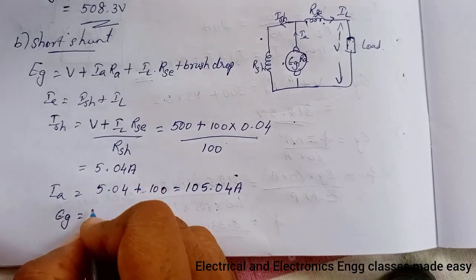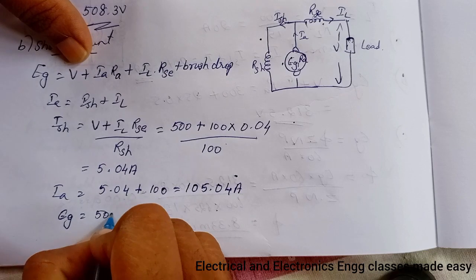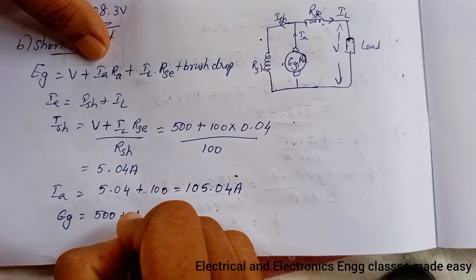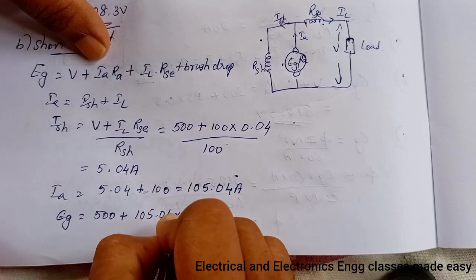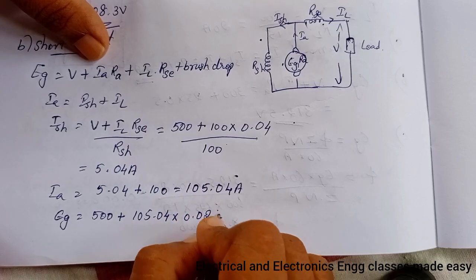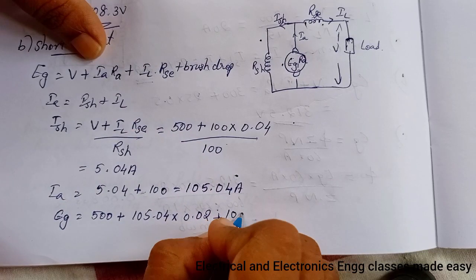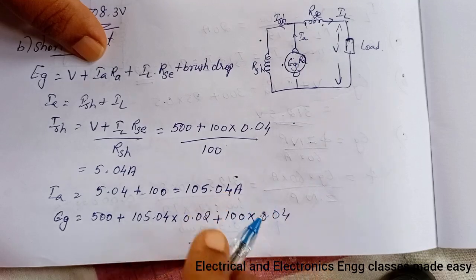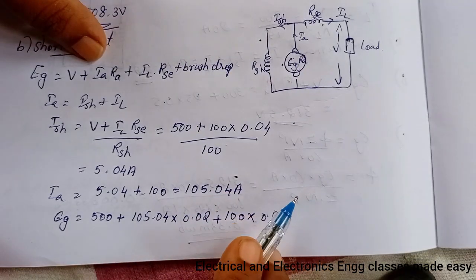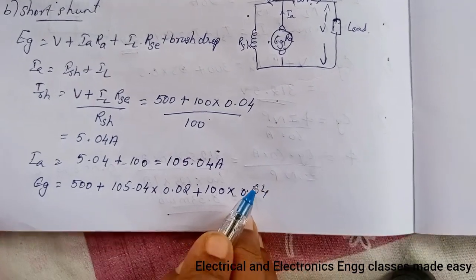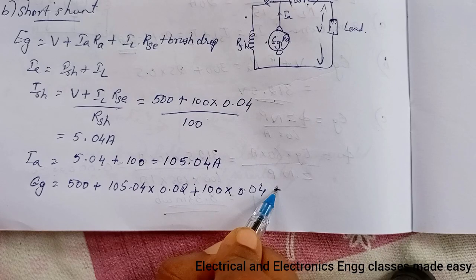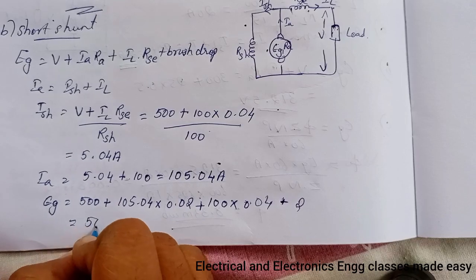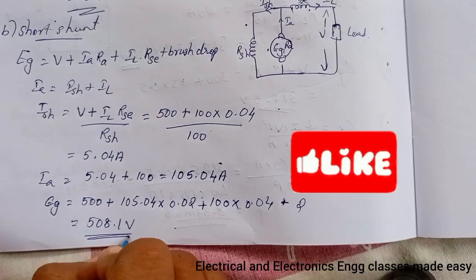EG is equal to V, which is 500, plus IA, 105.04, into RA, which is 0.02, plus IL, 100, into RSC, which is 0.04, then plus 2, and we get 508.1 volt.